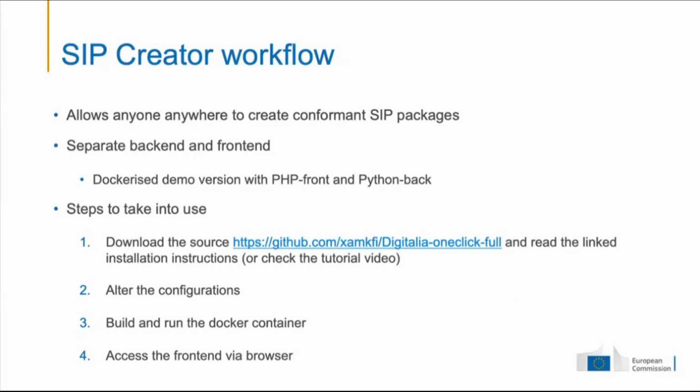When you have it on your own computer or server, you can change a simple configuration file. Then you just build and run the Docker container, after which you can access it via any modern web browser. So basically, if you can run Docker, then you can run this OneClick zip creator solution.